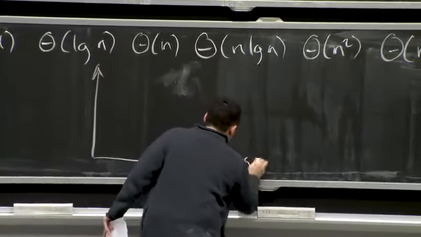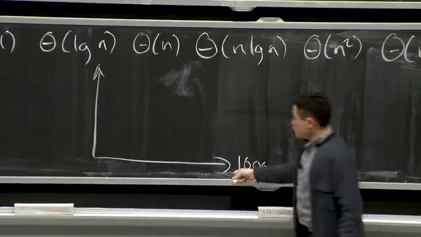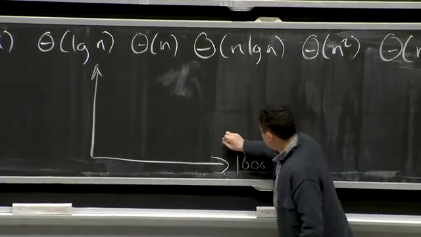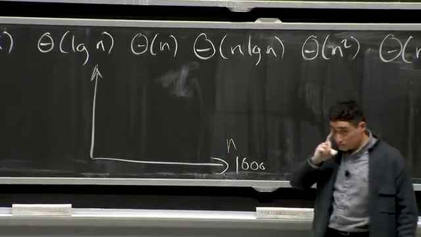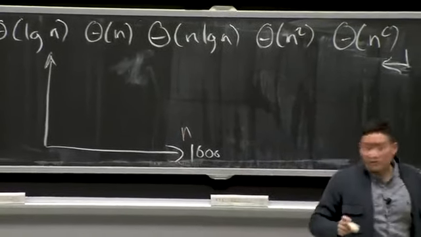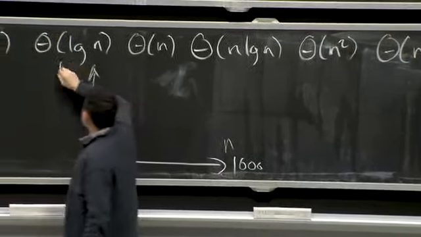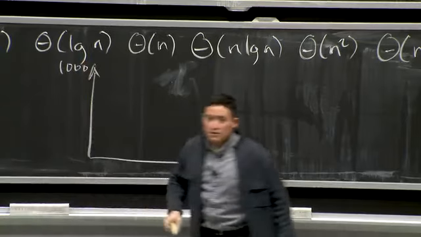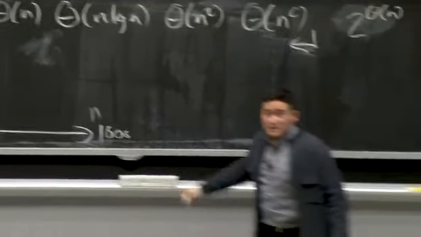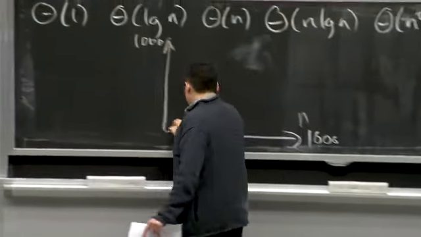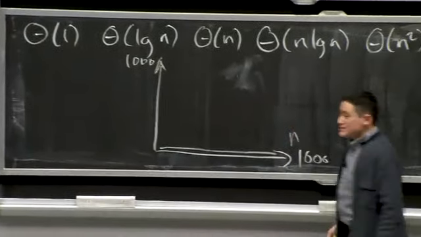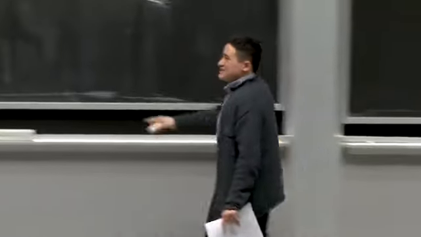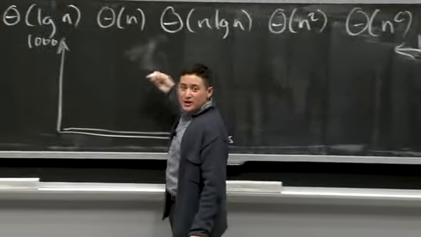let's say I plot values of up to 1,000 on my n scale here, okay? What does constant look like? Maybe this is 1,000 up here too. It looks like a line over here somewhere. It could be as high as I want, but eventually, anything that's an increasing function will get bigger than this.